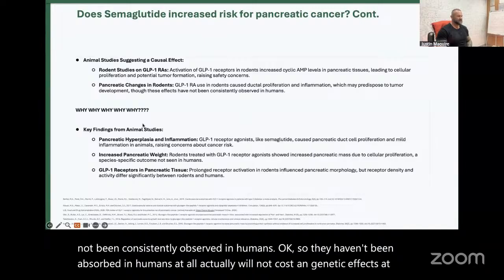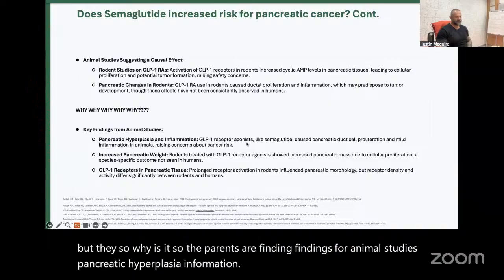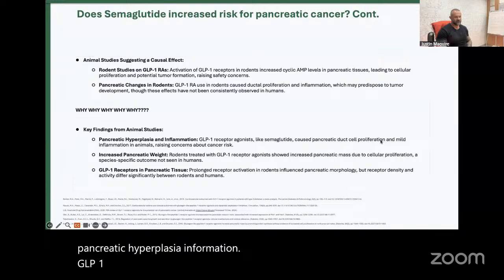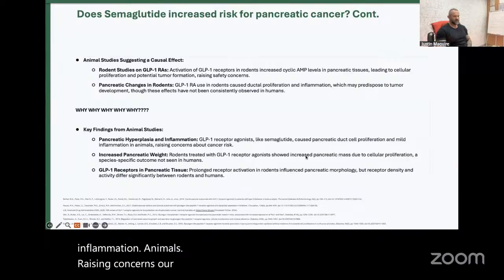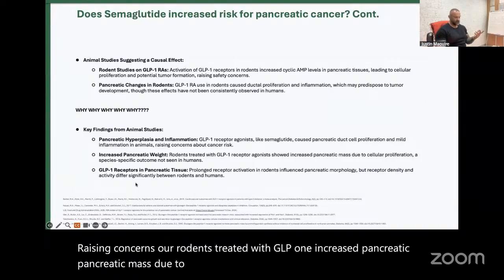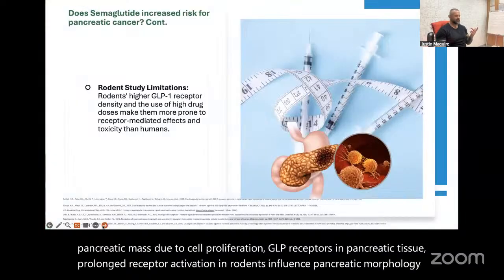So why is it? Findings from animal studies: pancreatic hyperplasia, inflammation. GLP-1 receptor agonists cause pancreatic duct cell proliferation and mild inflammation in animals, raising concerns. Rodents treated with GLP-1 had increased pancreatic mass due to cell proliferation. GLP receptors in pancreatic tissue, prolonged receptor activation in rodents influence pancreatic morphology. Okay, but why?